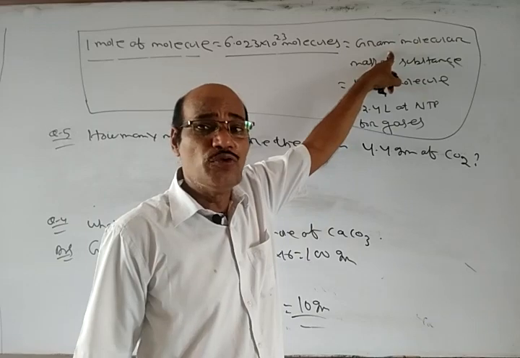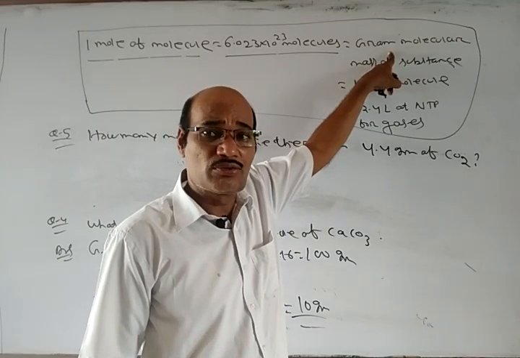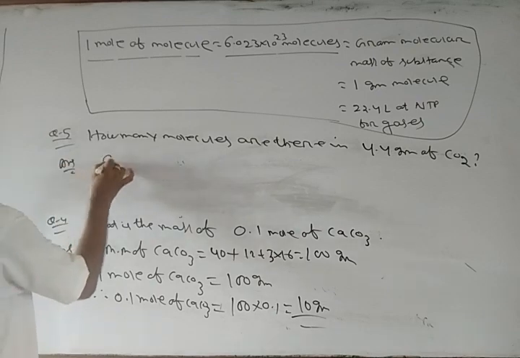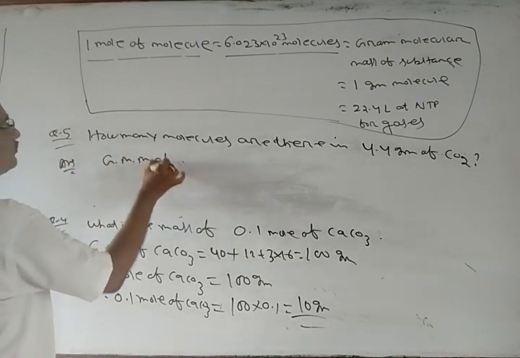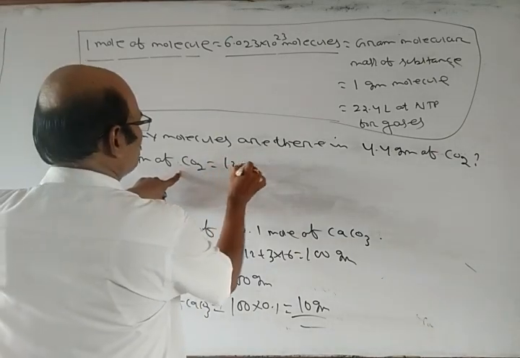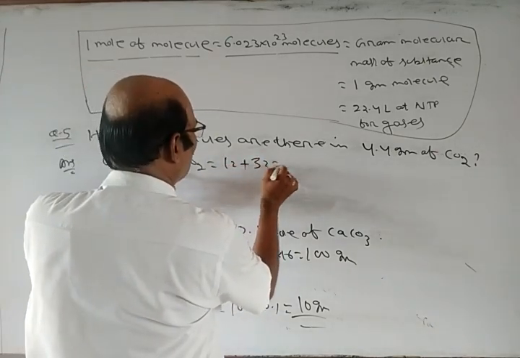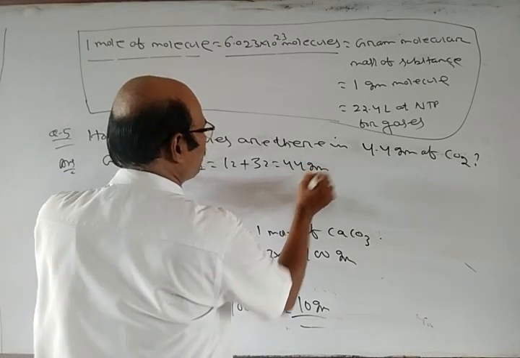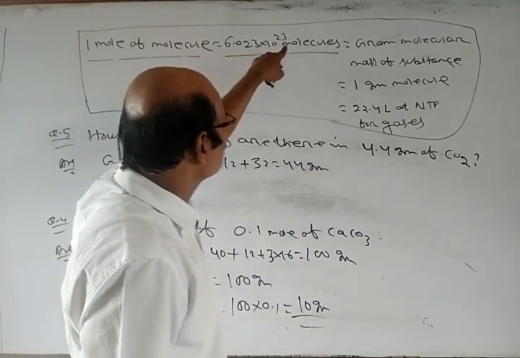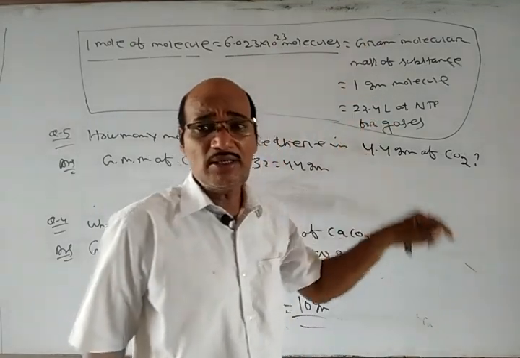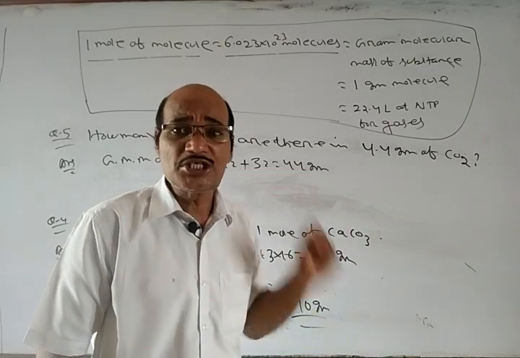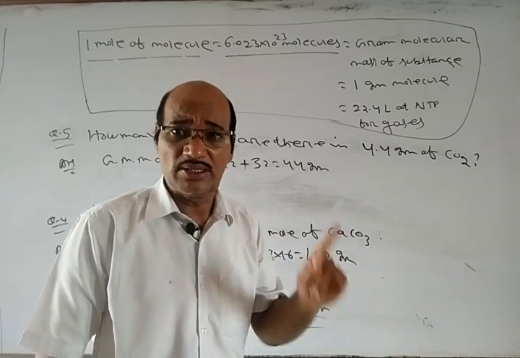Okay, so we will take the gram molecular mass. Answer: gram molecular mass of CO2 equals 12 plus 32, equals 44 gram. So we know 6.023 into 10 power 23 molecules equal the gram molecular mass. So if you take the gram molecular mass of a substance, that will be equal to 6.023 into 10 power 23 molecules.